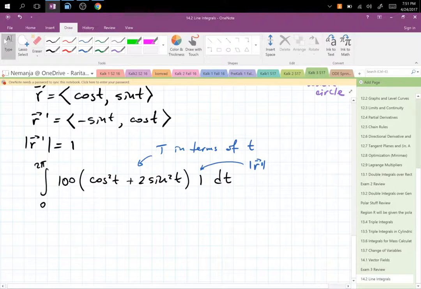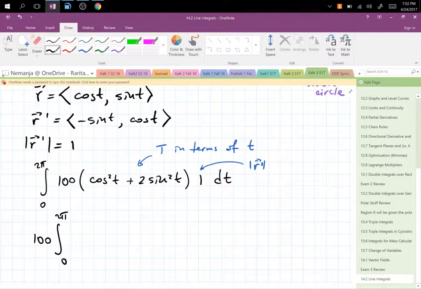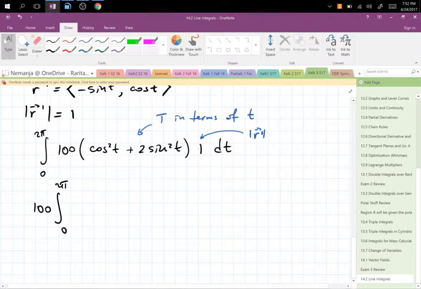the magnitude. So now I will kick 100 in front of the integral, 0 to 2 pi, and then the way this is done, right, is the way to integrate squares is to use the power reducing formulas. So what I'm going to do is I'm going to kick, well, let me write it first.